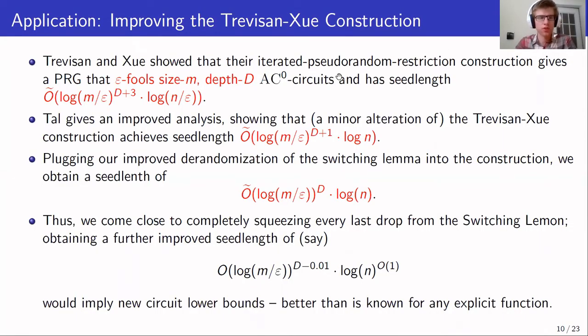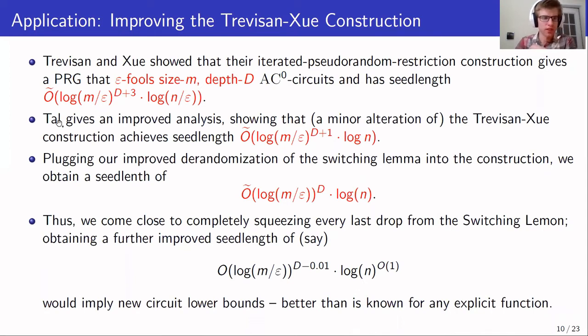So now let's return to this application we discussed earlier, which was constructing pseudorandom generators for constant depth circuits. Specifically, we're focusing on the best construction so far, due to Trevisan and Xue. That's built out of iterated pseudorandom restrictions. Originally in their paper, they showed that this construction obtains a seed length with d+3 factors of log(m/epsilon).